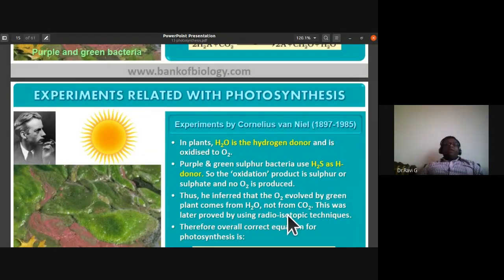Cornelis van Niel concluded that the oxygen evolved by green plants comes from water, not from carbon dioxide. This was later proved using radioisotopic techniques.